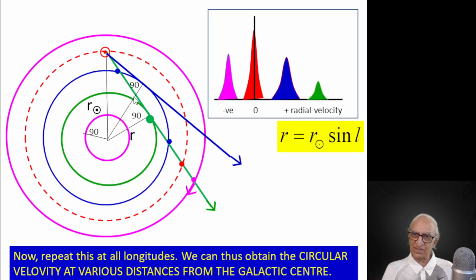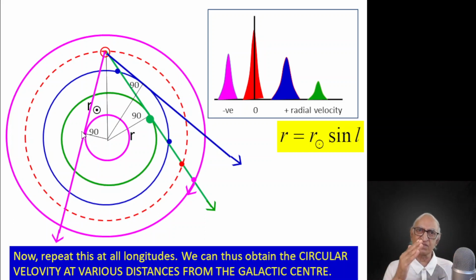And I know the distance of the tangent point from the center of the galaxy, which is given by r sun sin L. Now let's look in some other longitude. Then the line of sight is tangent to some other circle. Therefore, the maximum positive radial velocity will come from this cloud.